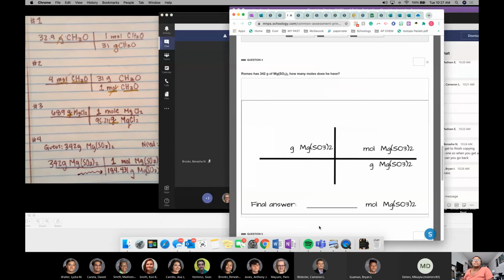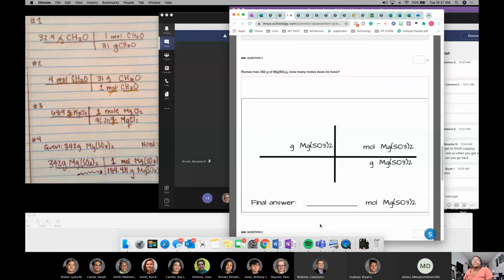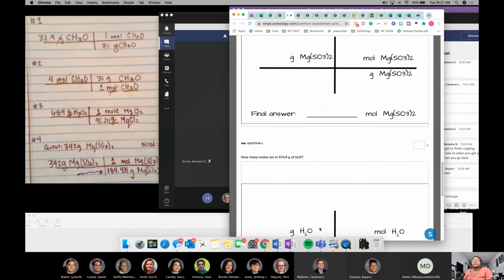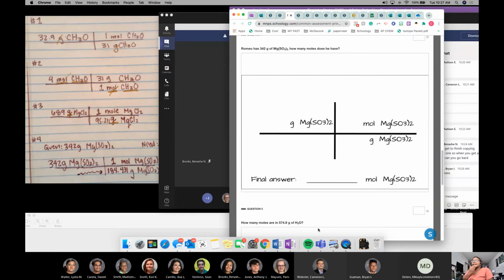What do you get when you divide these two numbers?